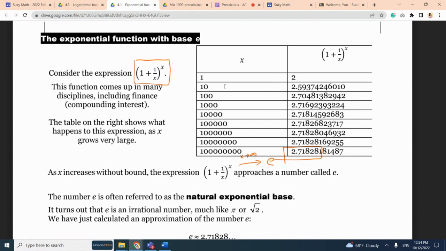And then you can use your calculator. You plug in your x as 10. You get 2.59 something. And if you increase the x, okay, so x is bigger, bigger, bigger. Do you see this expression is converging to a number? And this number is e.